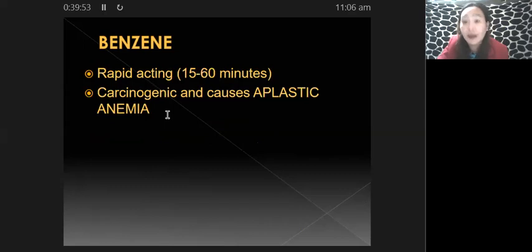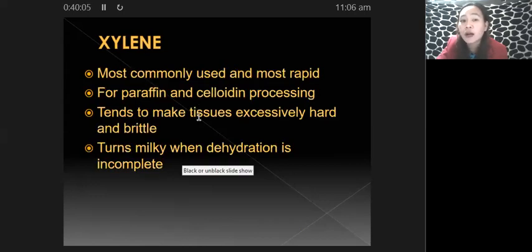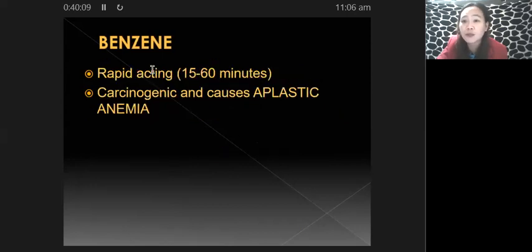the effects of benzene on your tissues, benzene does not actually make your tissues hard and brittle. Xylene makes your tissues excessively hard and brittle, but it's not the case with benzene. When it comes to its effect on tissue, benzene is actually better than xylene.